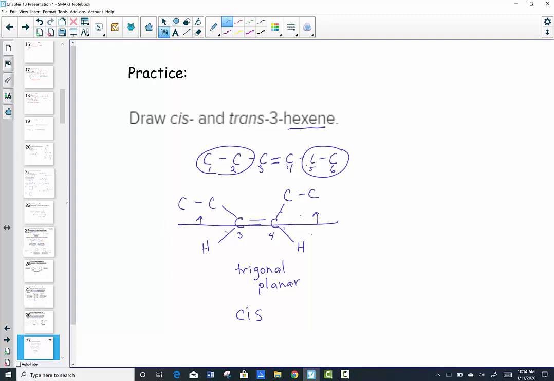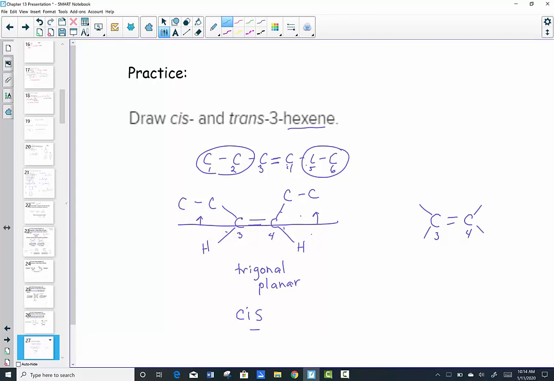How about here? If I redraw carbon 3 and 4, knowing that coming out of any double bond are 2 more bonds at 120 degree bond angles, but I want to make them trans. Opposite means trans.